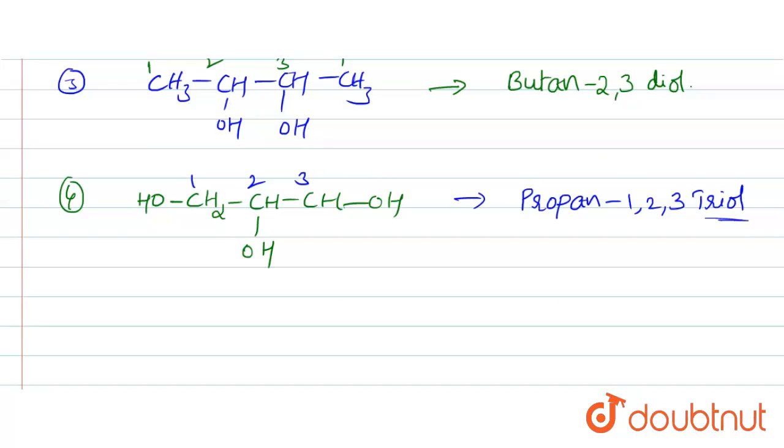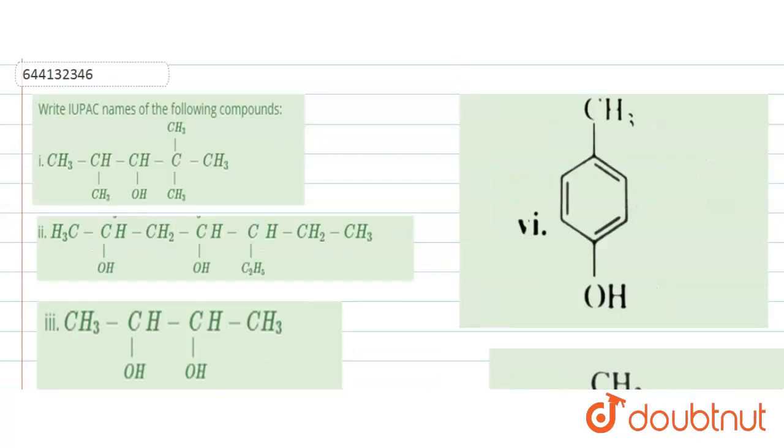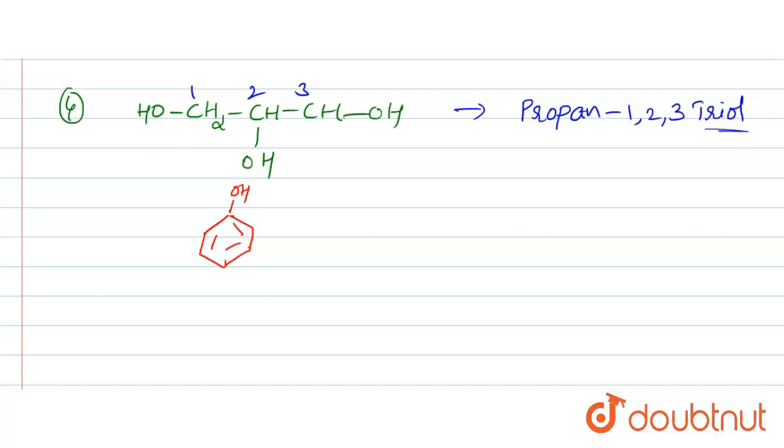Next we have the aromatic compound. That is phenolic group is there. This is the compound that we have OH, and CH3 group is at the para position. So the benzene has 2 substituents, OH group and CH3. OH group is considered as the functional group.